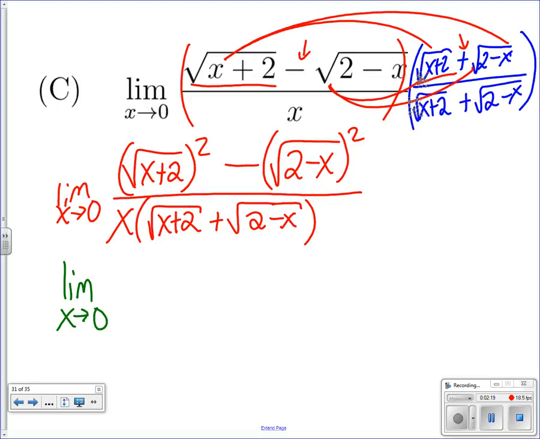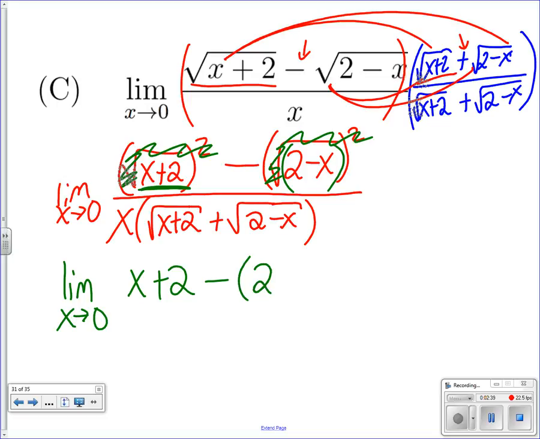On the top, this square root and squared end up canceling with one another just because they are inverses, and you're just left with what was underneath, so that x plus 2. Same thing will happen here as well, so we end up with minus this 2 minus x. And again, this is all over that x times the square root of x plus 2 plus the square root of 2 minus x.